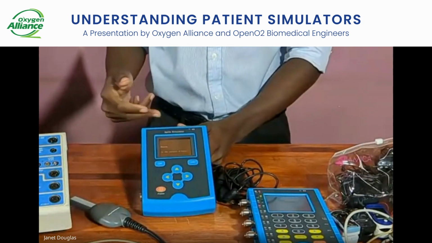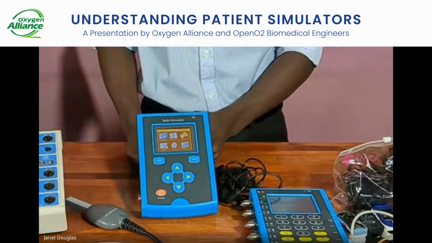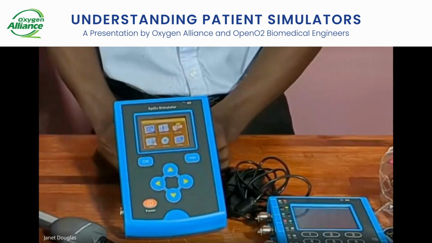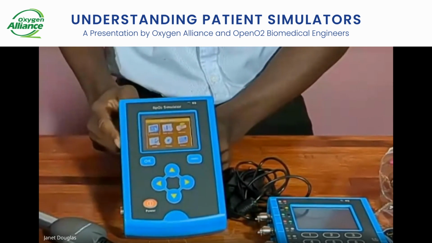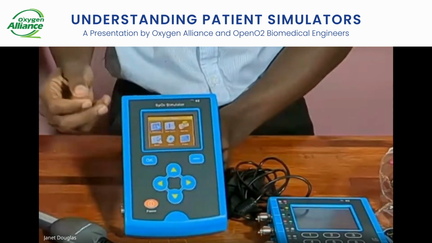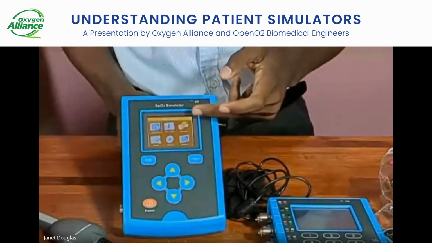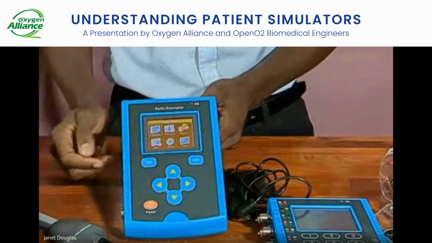It's going to give you a welcome prompt, show the type of power curve that you are currently on, and then give you the main menu, which was presented earlier. You have 6 main options: the simulations, the alarm limits, the amplitude, the presets, the settings, and the power curve.